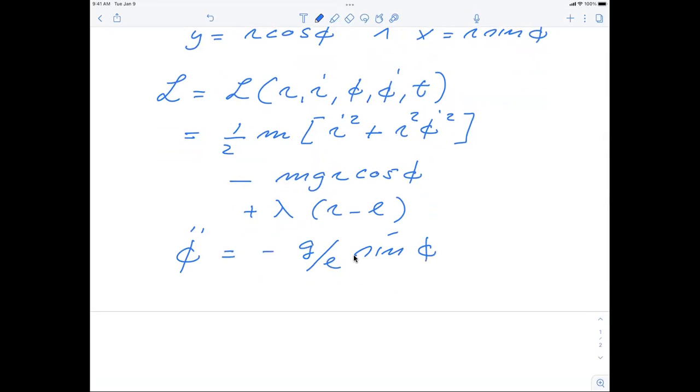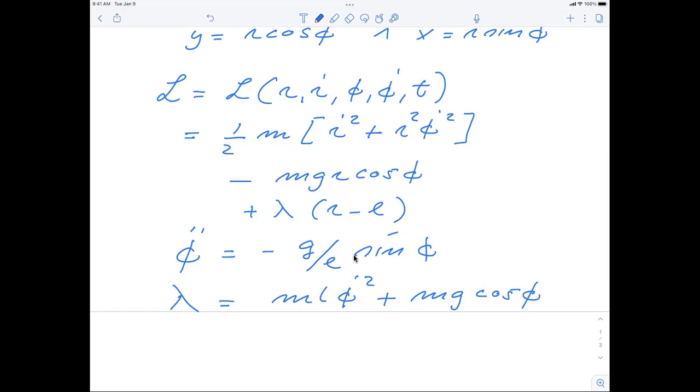But then we could also show that this lambda has to be interpreted as a tension force, this force T, which we wrote down, and that's given in terms of the angular velocity plus m times g times the cosine of phi. So that's to be interpreted: this constraint which we put in actually gives us the equation for the force, which counteracts the gravitational force.